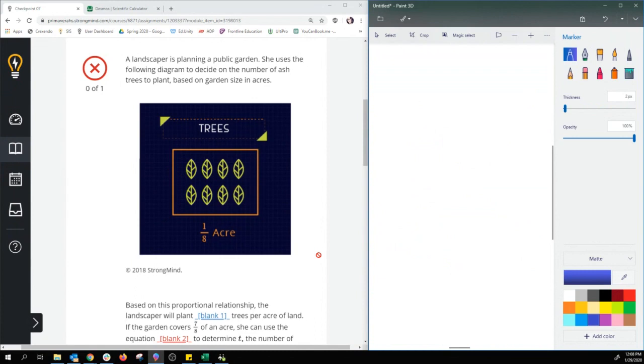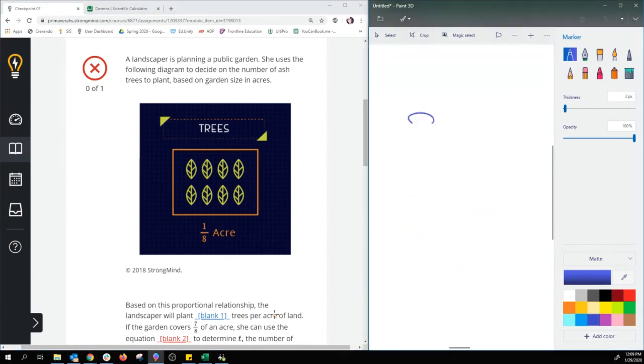Okay, so for blank 1, it says the landscaper will plant blank trees per acre of land. So am I looking for the unit rate there? What about that sentence tells me I'm trying to find my unit rate? The per, exactly. So per is telling me that I'm trying to find my unit rate.